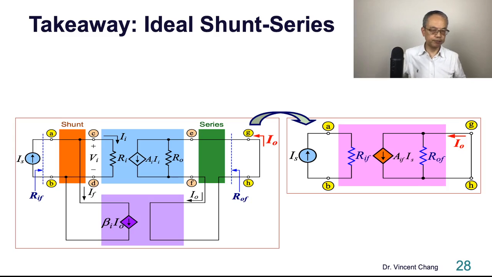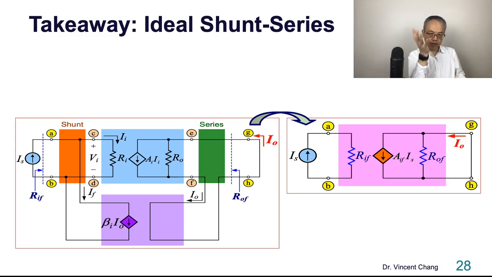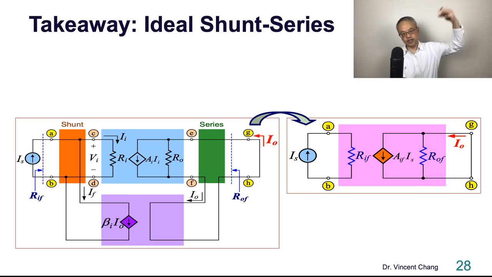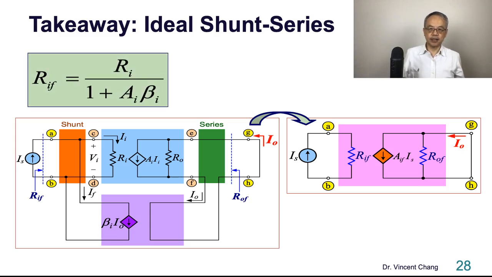Current amplifier. We can consolidate the feedback structure into a more simple one. So current input, IS, the current output, IO, Norton equivalent. For shunt mixing, shunt series feedback, so shunt mixing, the input resistance is going to go down.